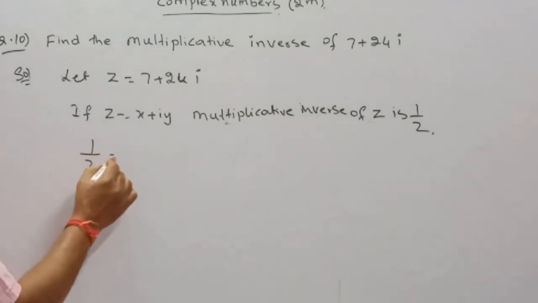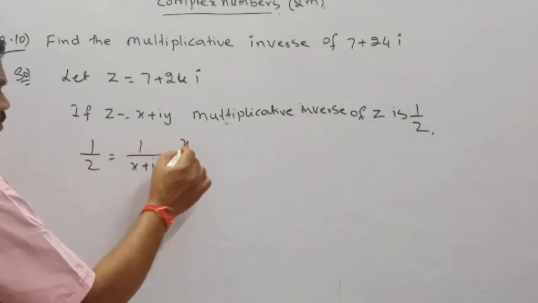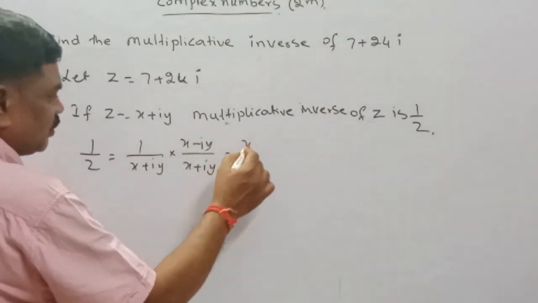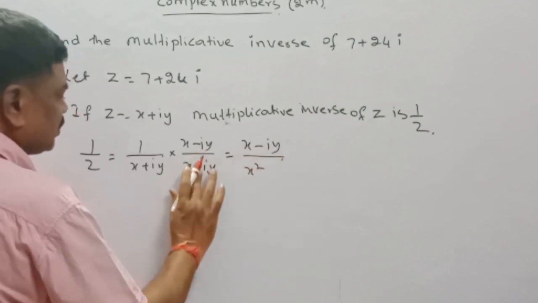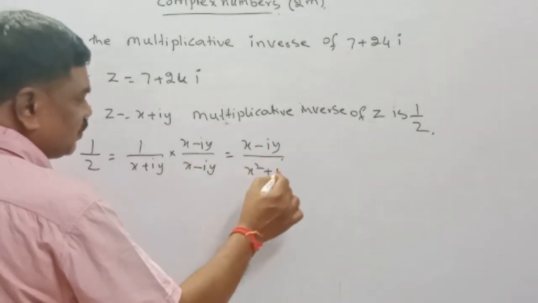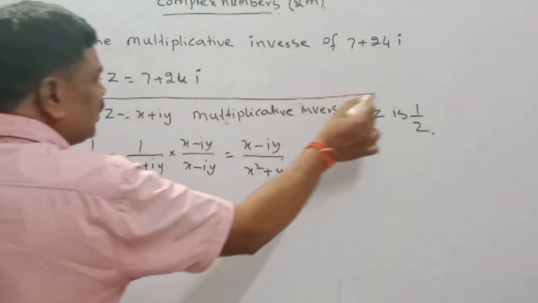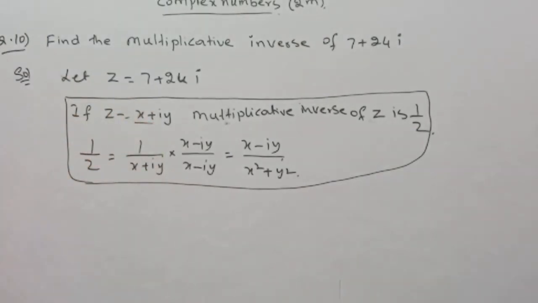So 1 by z is equal to 1 by x plus iy, into x minus iy by x minus iy, is equal to x minus iy by x square plus y square. This is the multiplicative inverse of z is equal to x plus iy.